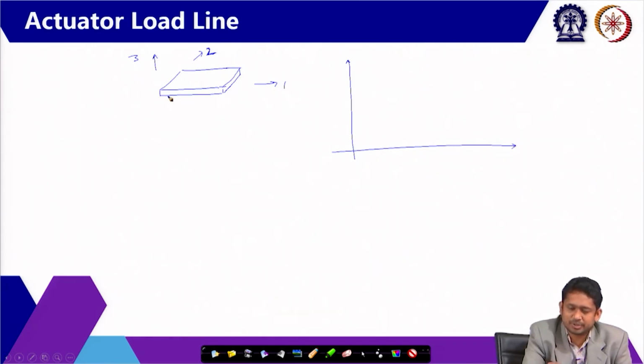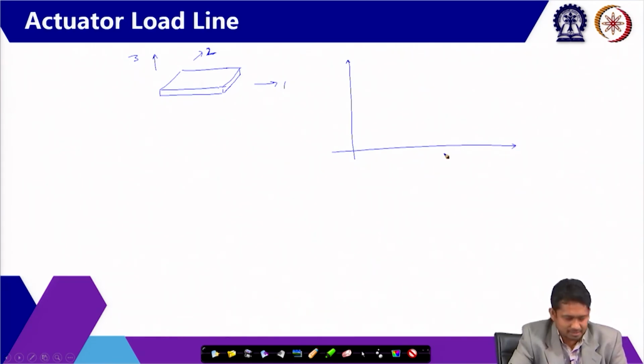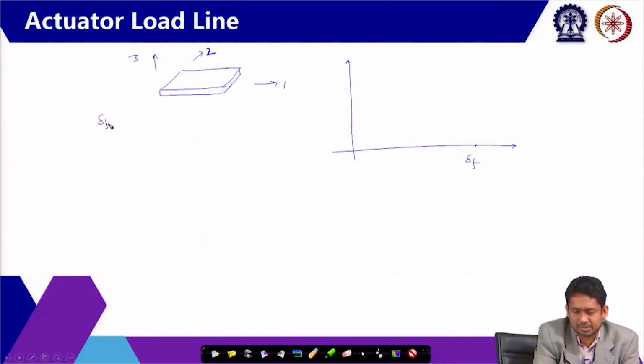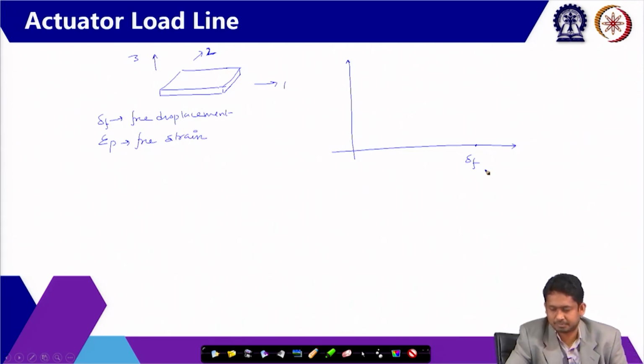Now, if it is free to expand or contract, then it will have a full expansion or contraction, and let us call it delta f maybe. So, that delta f is called free displacement, and the corresponding strain is called maybe free strain.